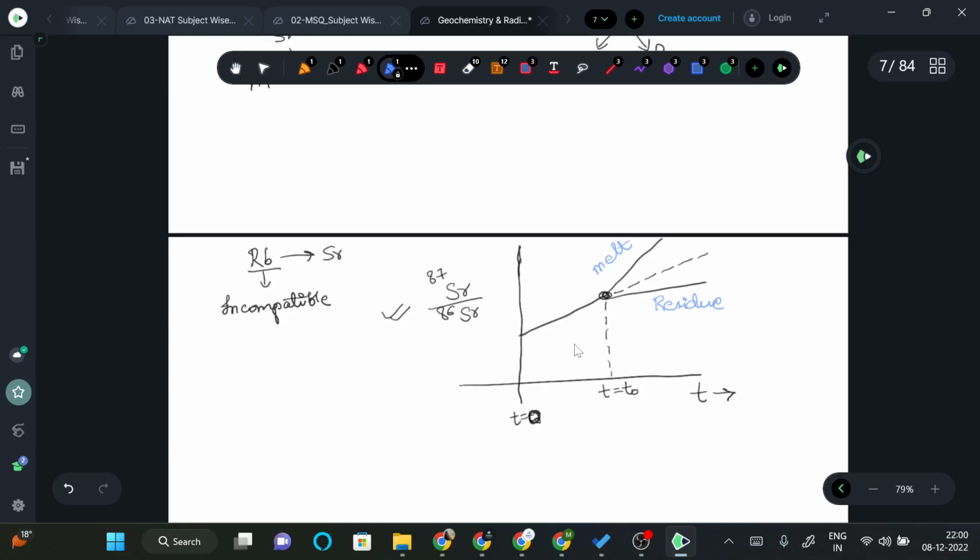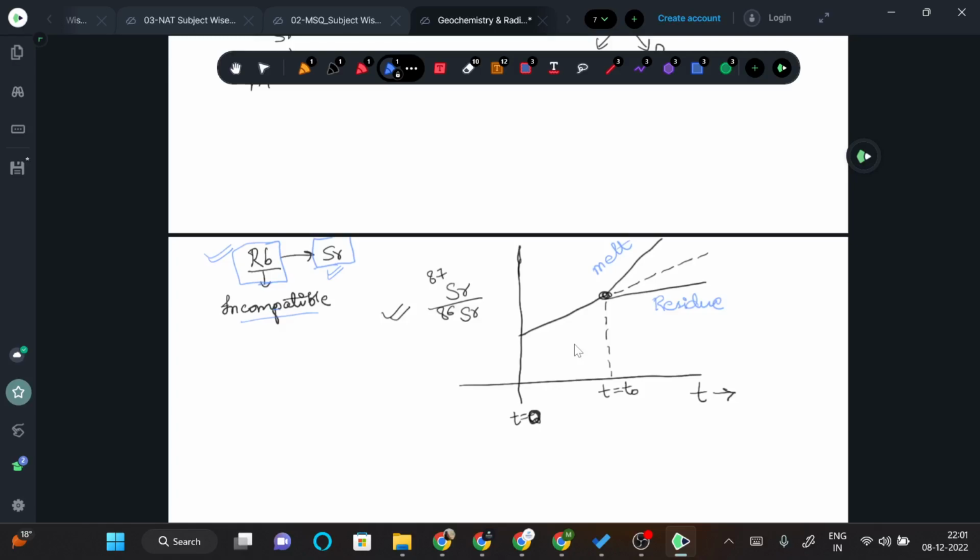Why? Because see here with Rb, as soon as Rb starts getting consumed, starts getting melted, more Sr will form, right? Now since Sr is less incompatible, Rb is more incompatible, where would Rb fall? Will Rb contribute more to residue or will it contribute more to melt? Melt. Rb is more incompatible.